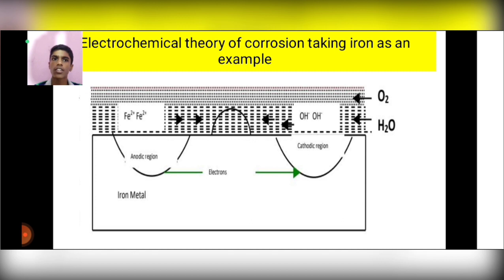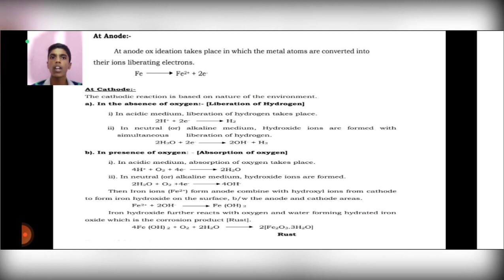Electrochemical theory of corrosion, taking iron as an example. At the anode, oxidation takes place, in which the metal atoms are converted into their ions, liberating electrons: Fe gives Fe2+ plus 2 electrons. At the cathode, the reaction depends on the nature of the environment.